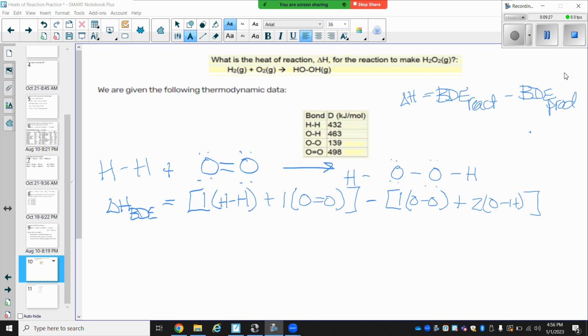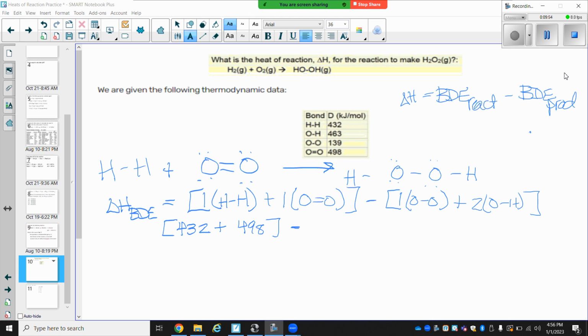So using the numbers that are given, we can plug in values. So for our reactants, the HH bond is 432. Add to that the double bonded oxygen, which is 498. So that will be the sum of our reactants.